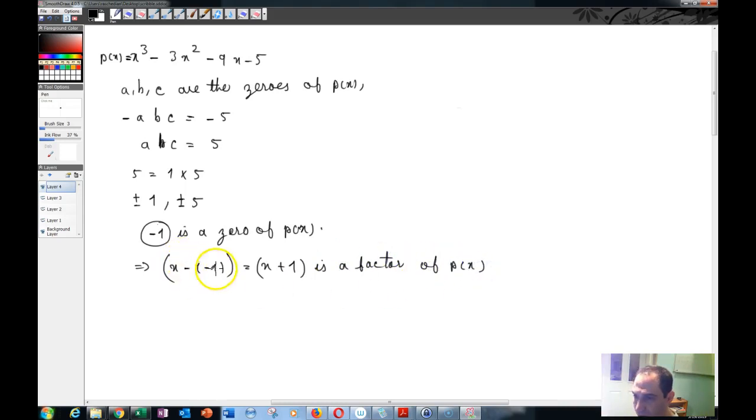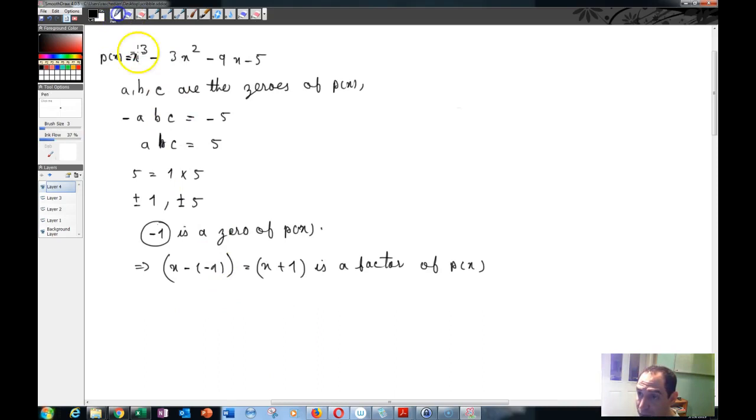The reason why I write it as x minus negative 1 is that if I set this to 0, x minus negative 1 is equal to 0, then x plus 1 is equal to 0, and then x is equal to negative 1. And this number is equal to the zero that I got over here. So that's why I write it that way.